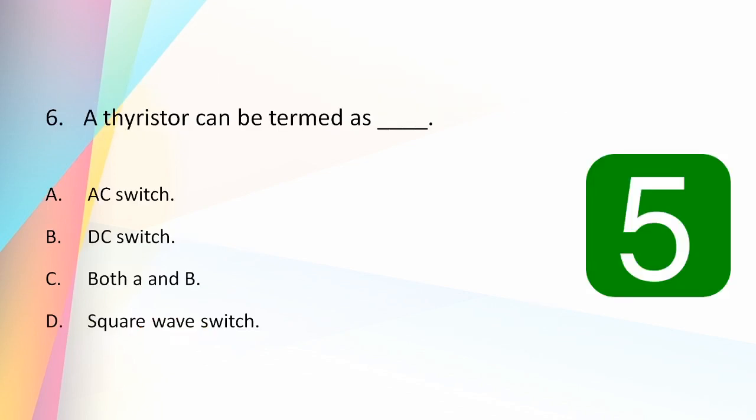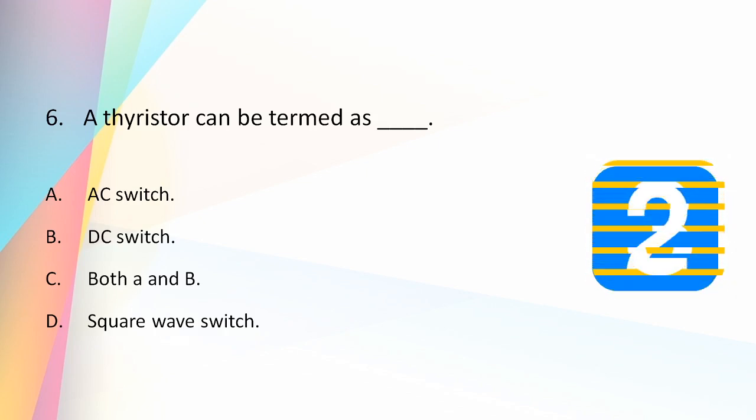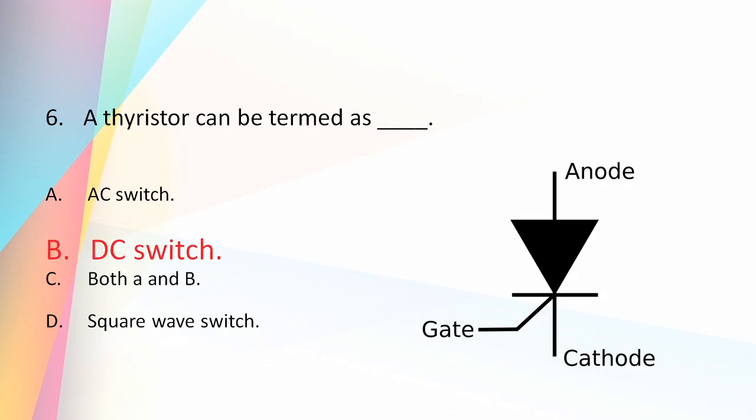A thyristor can be termed as AC switch, DC switch, both A and B, square wave switch, and here you go. And the answer is DC switch. So basically we know that a thyristor is a unidirectional device, which means it will only conduct the current in one direction.